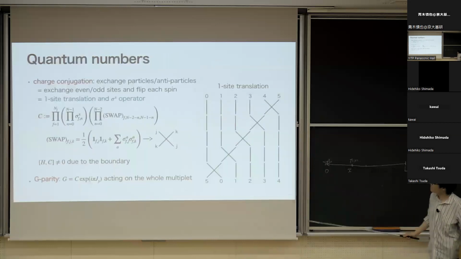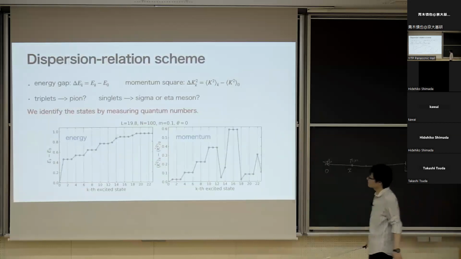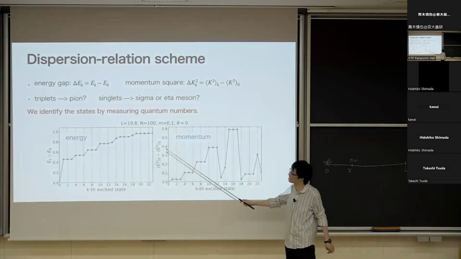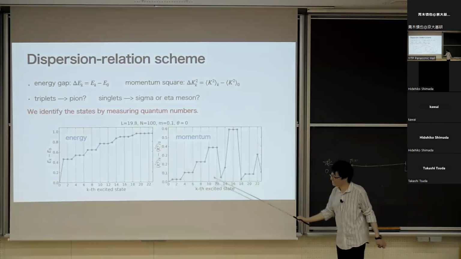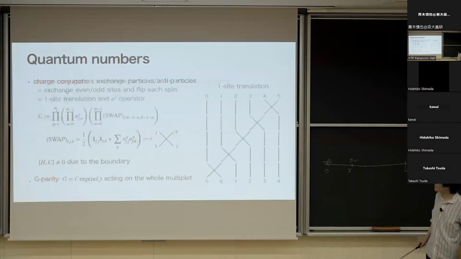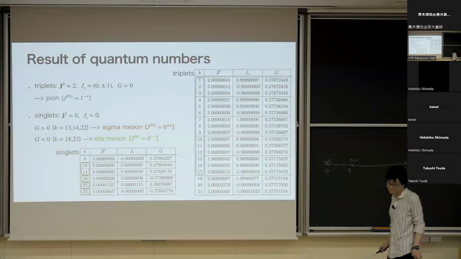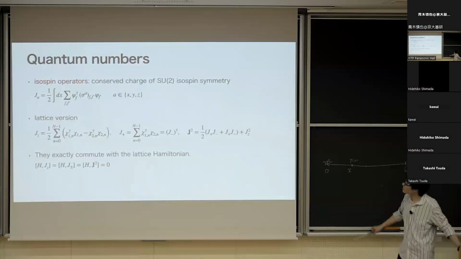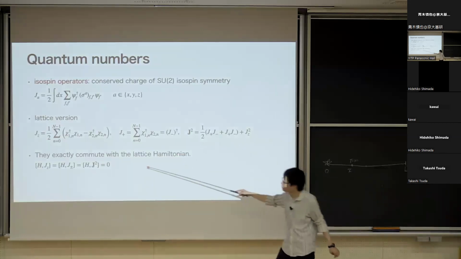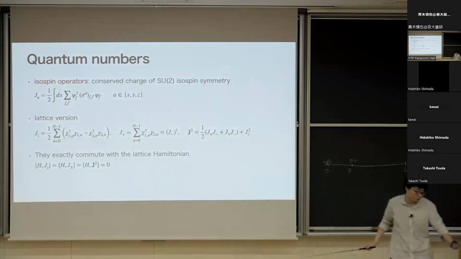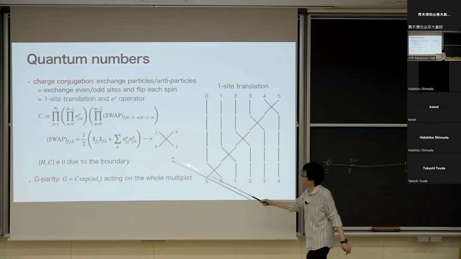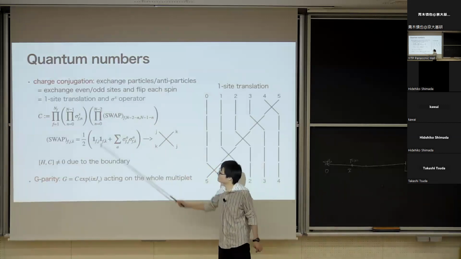So first of all, we can distinguish the triplet and singlet from how they are degenerate. From just the value of energy, we can categorize them into triplet and singlet. Then we can measure the isospin operator defined like this. Actually, isospin completely commutes with the Hamiltonian, so it can be a good quantum number. And also we can define charge conjugation. On the lattice, it can be implemented by a one-site translation.